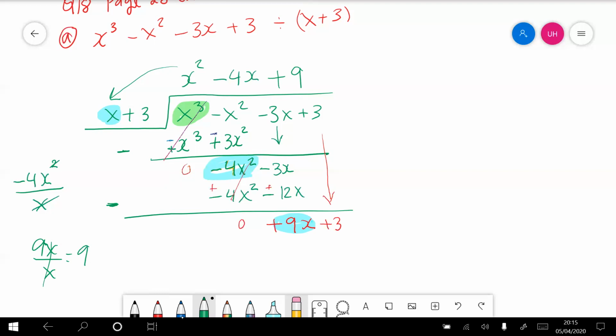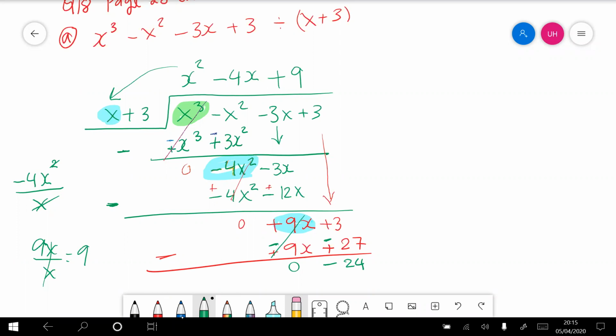And 9 times x is 9x, and plus times plus, 9 times 3, 27. And subtract. So when you subtract, this is going to become minus, and this is minus. So this is going to become 0. Minus 9 plus 9 is 0. And then 3 minus 27 is minus 24.